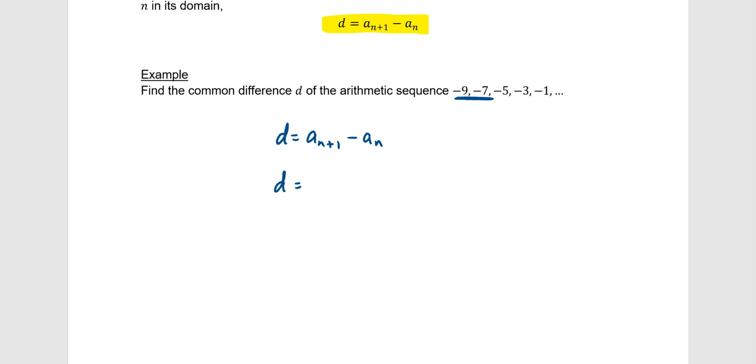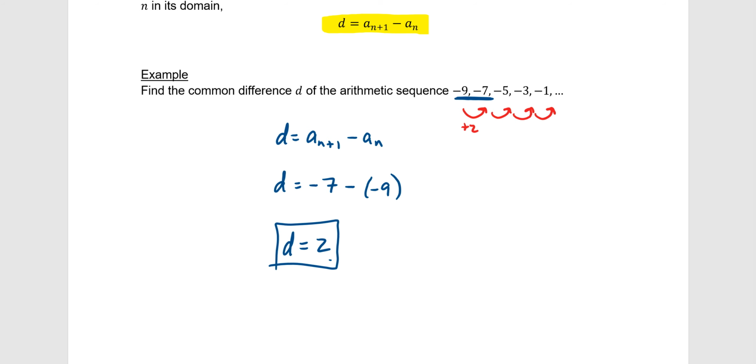That's going to end up being -7 minus -9, and -7 minus -9 is -7 plus 9, which is +2. That should make sense because, as we can see, we're just continuously adding 2 over and over again to get to the next term.